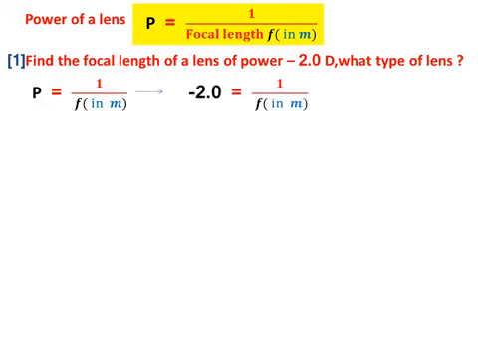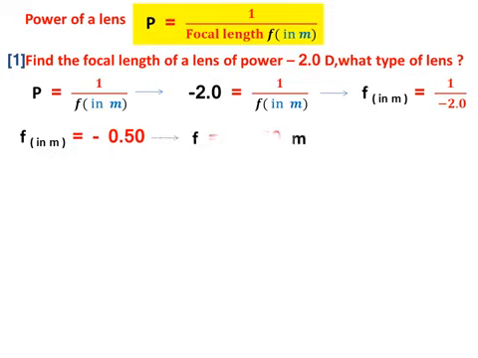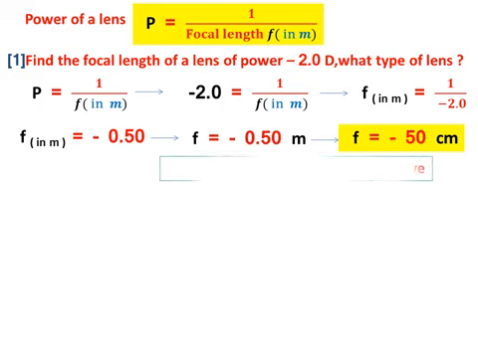So minus 2 is equal to 1 upon f, and we can say f is equal to 1 upon minus 2, and it is f is equal to minus 0.5 meter, or we can say f is equal to 50 centimeter.